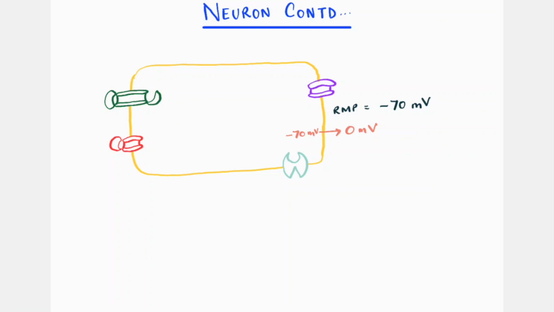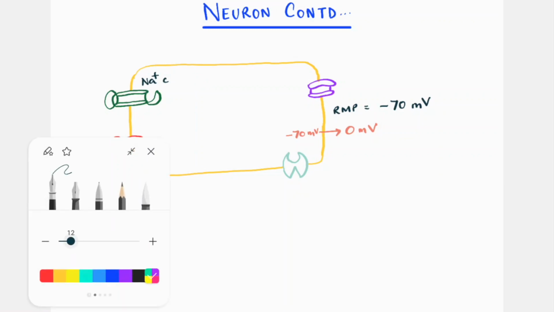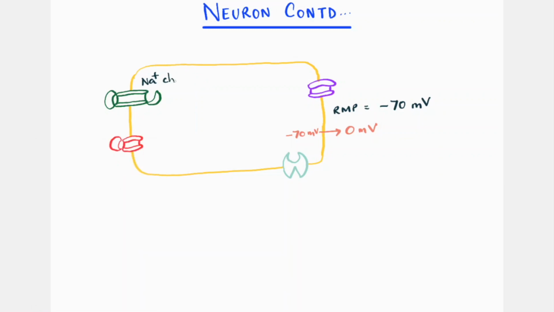I'll just label them right here. This is the Na plus channel, and this is the K plus channel.